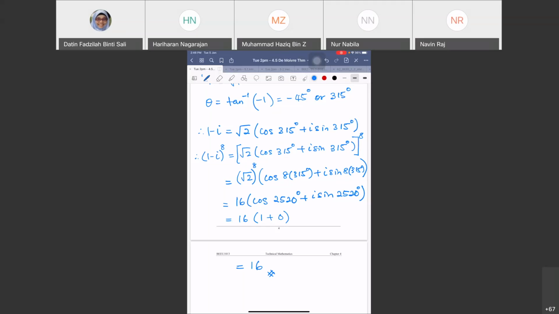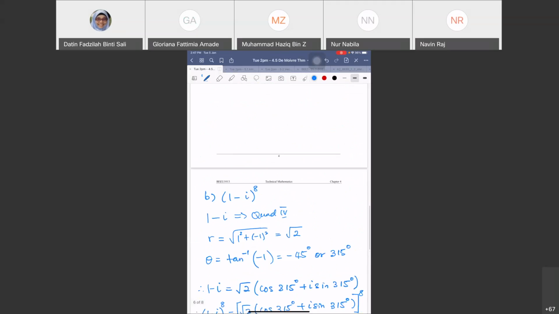Okay, any question? Madam, yes. I want to see the r value. Why is it minus 1 squared, madam? Oh, because of this one.